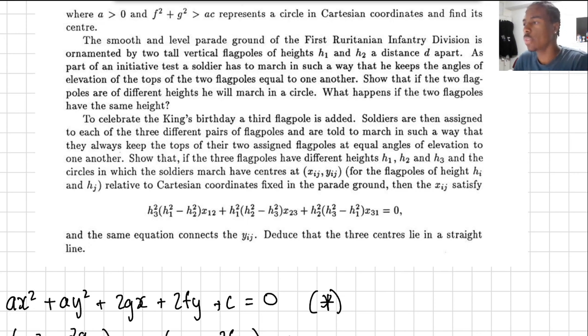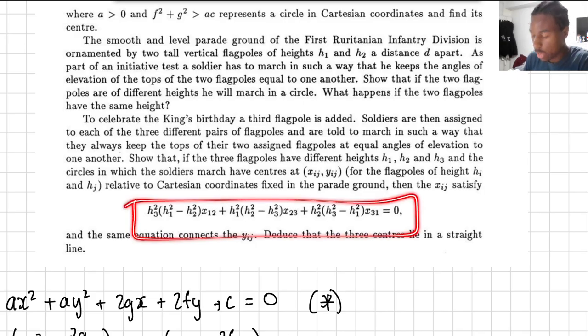Show that if the 3 flagpoles have different heights, H1, H2, and H3, and the circles in which the soldiers march have centers xij, yij for the flagpoles of height hi and hj, relative to Cartesian coordinates fixed in the parade ground, then the xij satisfy this long equation.